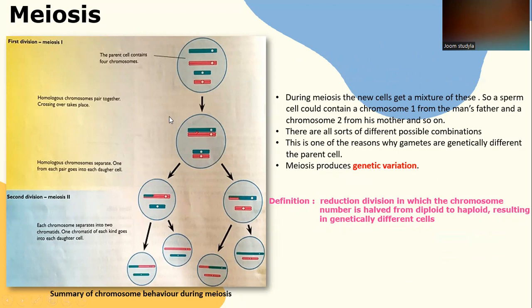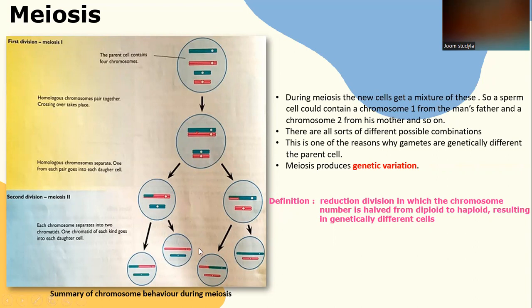After going through a process of homologous chromosomes pairing together and crossing over taking place, the homologous chromosomes separate, one from each pair going into each daughter cell. In the second stage of meiosis, each chromosome separates into 2 chromatids. One chromatid of each kind goes into each daughter cell.